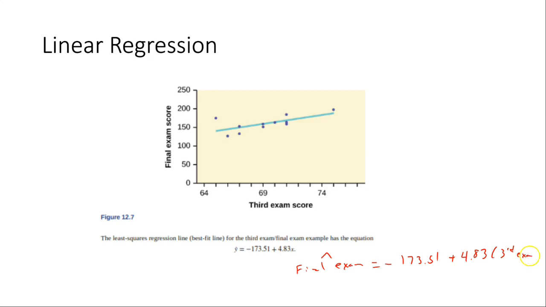Okay, I'm running out of room, but this is replacing X and this is replacing Y. It's because it tells me there's a story here. Okay, I want to see that there's a story. The third exam, final exam. Okay, now we're ready to go. This is the best line that fits through these dots that we've been given.